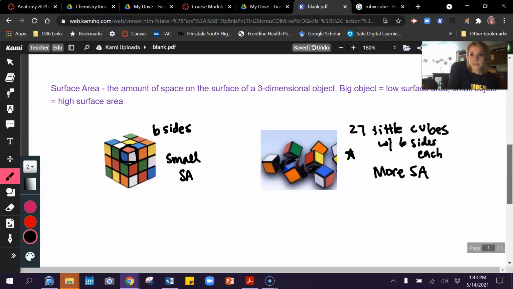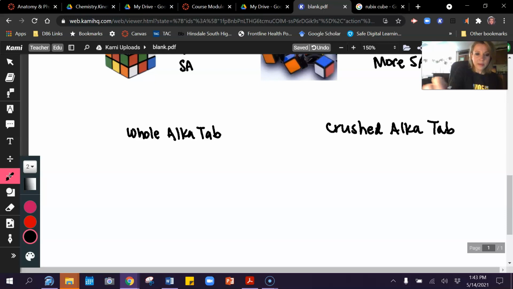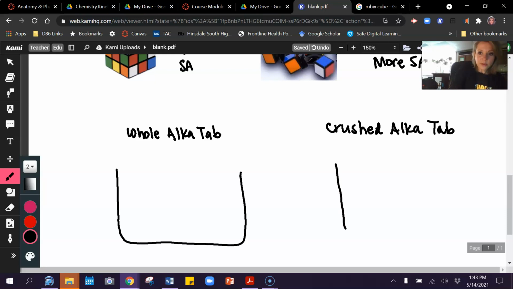All right, and so if I were to draw a picture, this will be my whole Alka-Seltzer tablet, and then on this side I'll have my crushed Alka tab. So I'm going to really zoom in here.